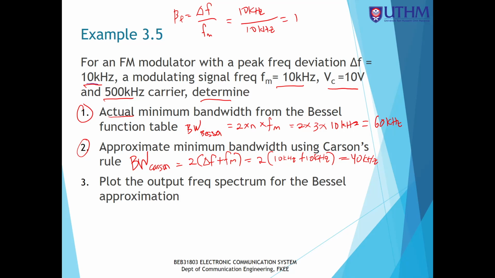Then question number 3: plot the output frequency spectrum for the Bessel approximation. The question is supposed to be specific about whether this is an amplitude spectrum, relative amplitude spectrum, or power spectrum.